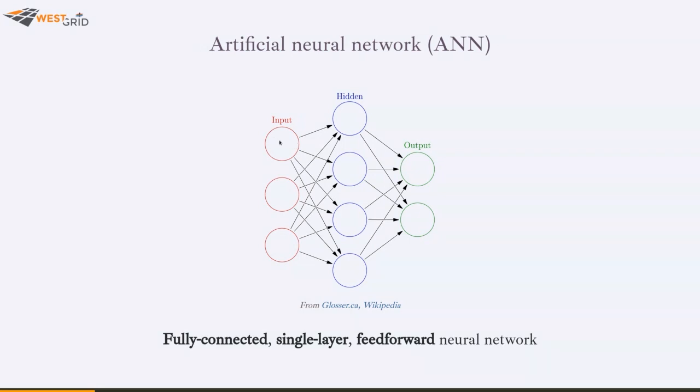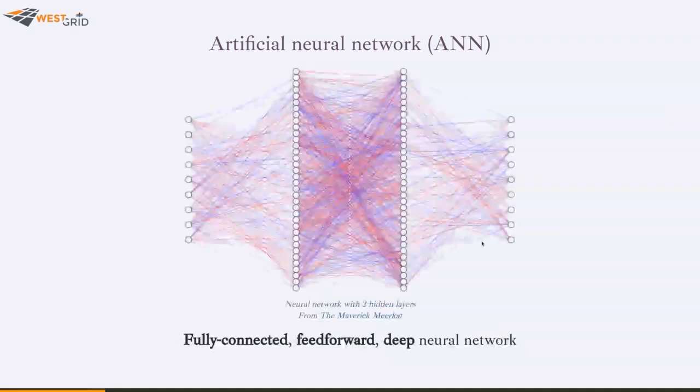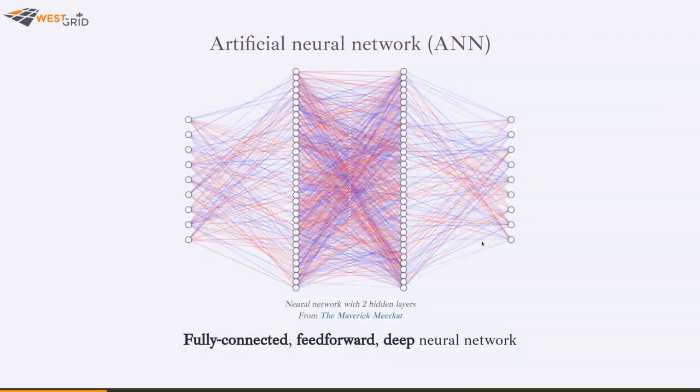And it is also fully connected or dense in that, as you can see, every single element, unit or node is connected to all of the other ones. So this input, for instance, connects to every single hidden node, and so on.